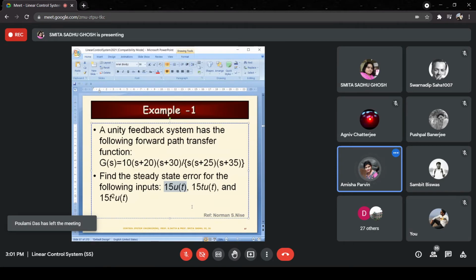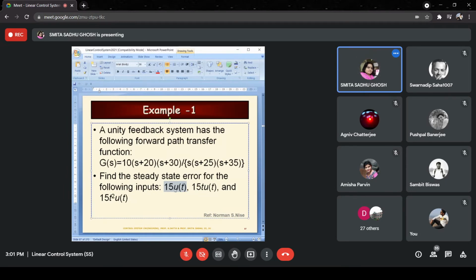Step input, yes, very good. It is a step input, but the amplitude is not unity as we usually used in our analysis; over here the amplitude is 15. There is nothing great about it. The only thing is that you have to keep in mind that the amplitude has to be taken into consideration finally when you are doing the analysis.